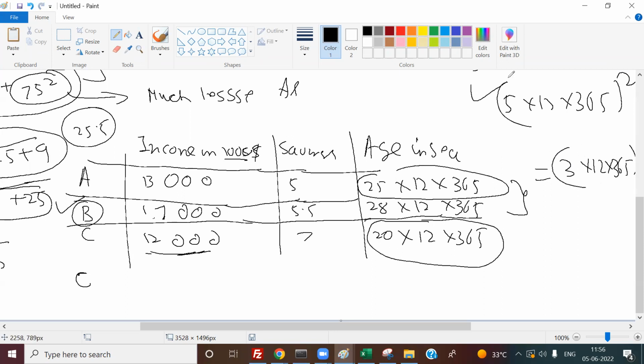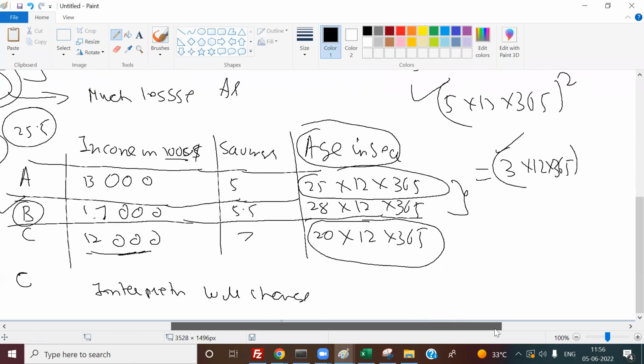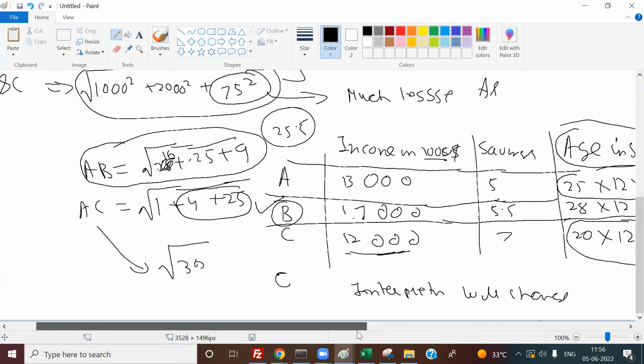So now this number would be much bigger than this number. Are you getting the point? So do you notice when I change the units, my calculations will also change, or my interpretation will also change. What was earlier similar can now be dissimilar, right?